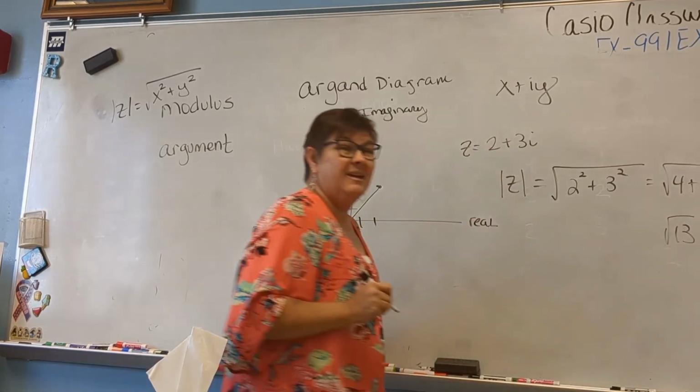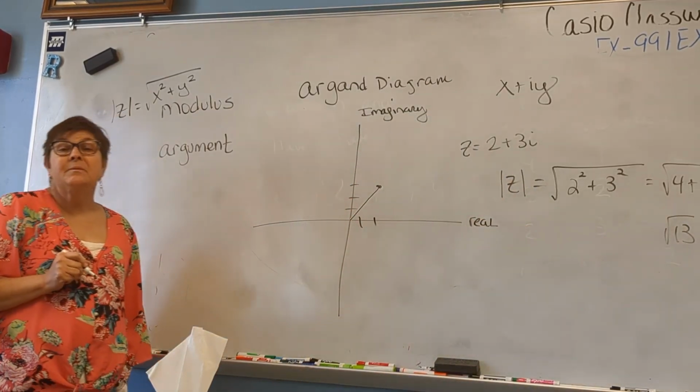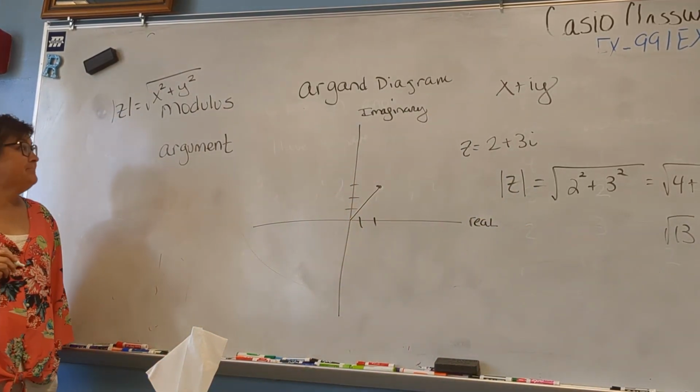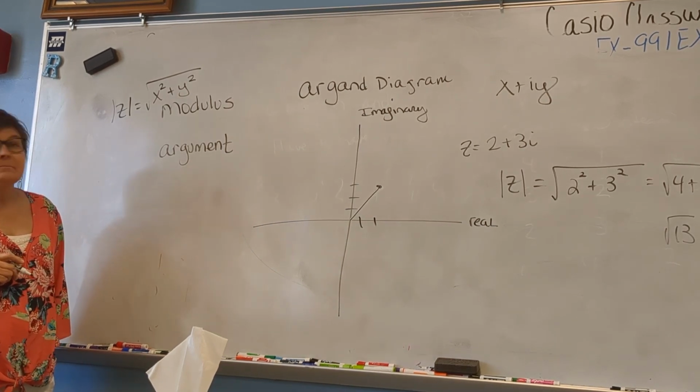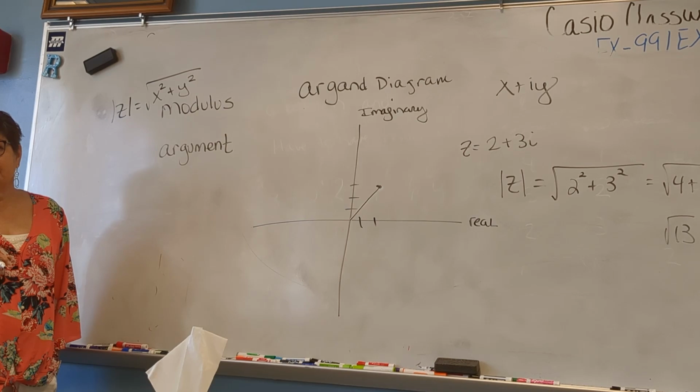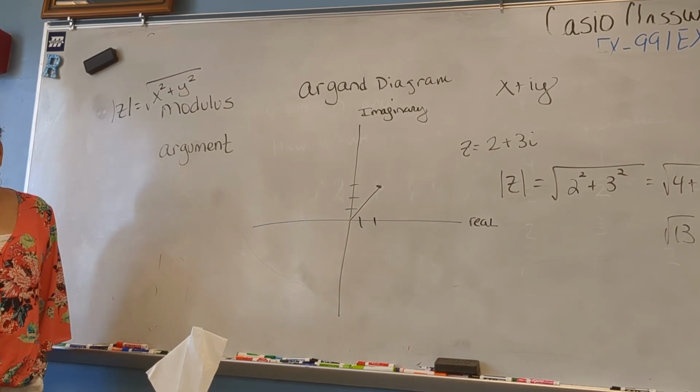So the modulus is like the distance or the length of it? The length of it. Okay. They'll never ask you to find the length of it, they always say modulus. Correct. Modulus.